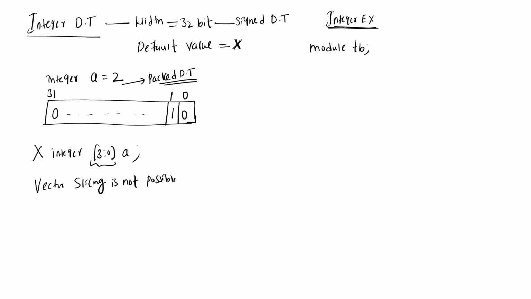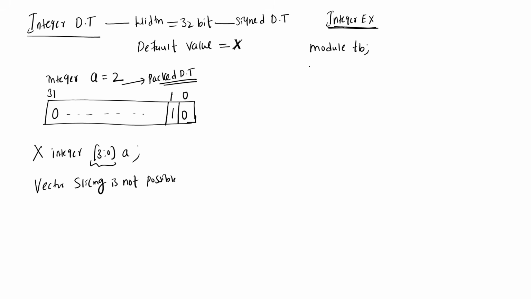For representing multiple bits, we use the vector concept to group multiple bits into a single one. Vector slicing means accessing a group of bits, single or multiple, in between.